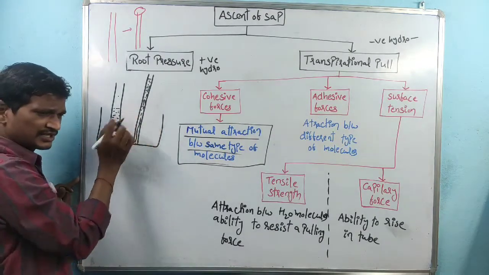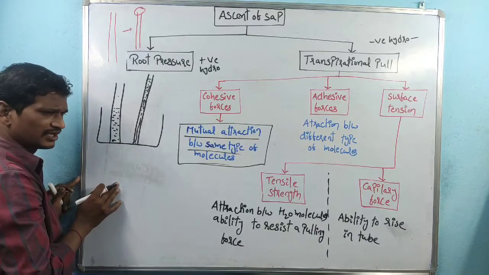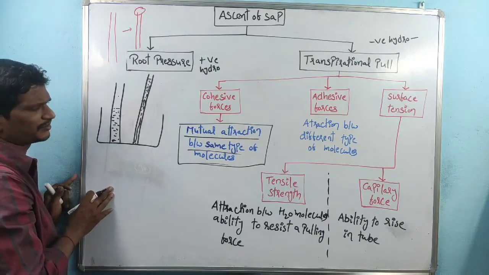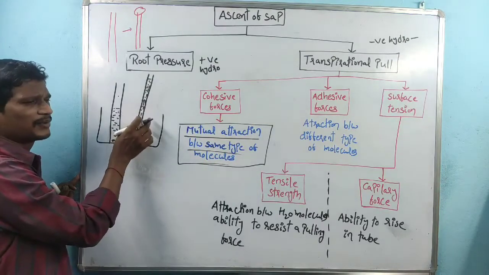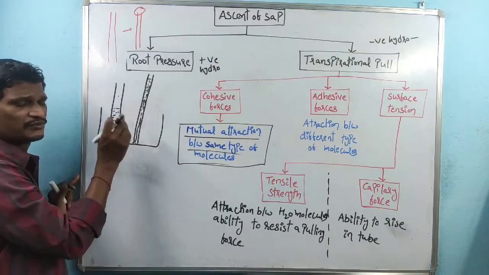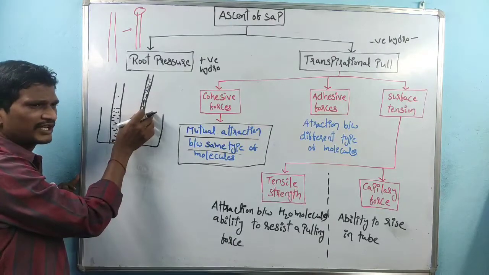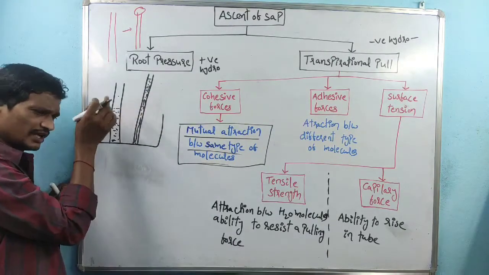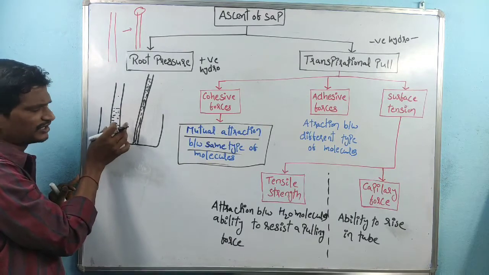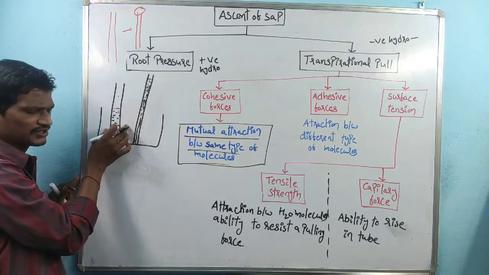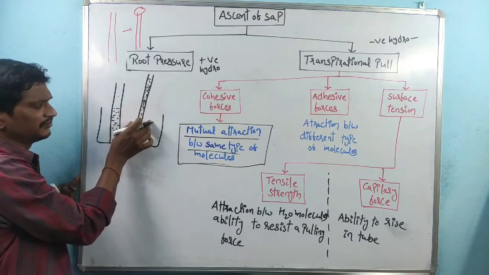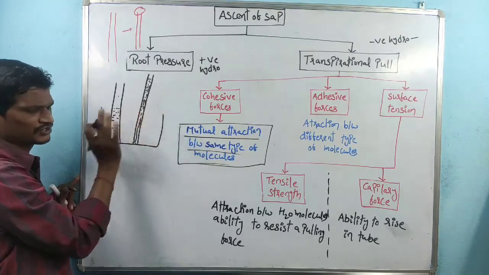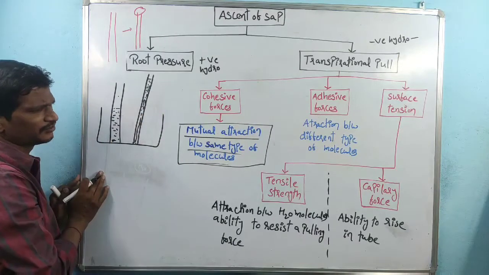If the diameter is less, the water absorbing capacity is more. So capillary forces are more when the diameter is less, and capillary forces are less when the diameter is more.